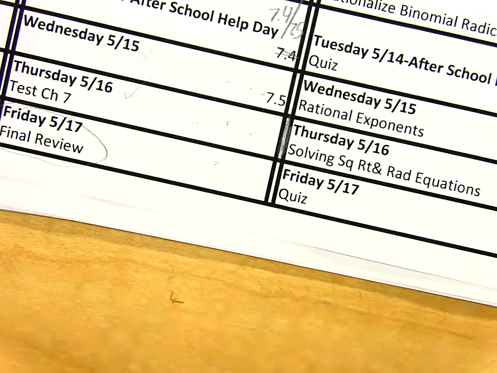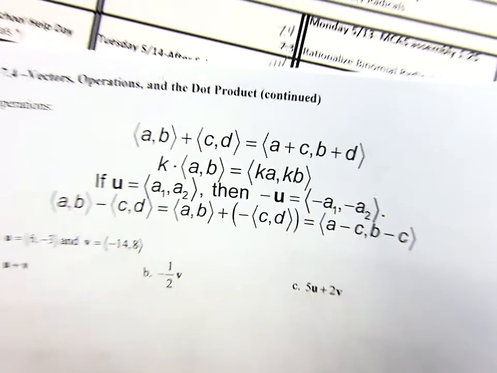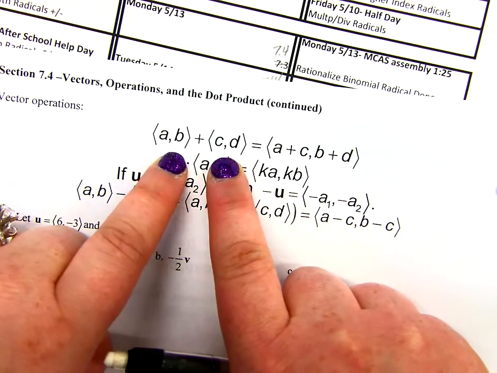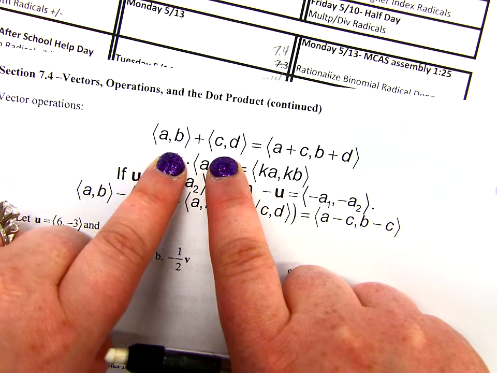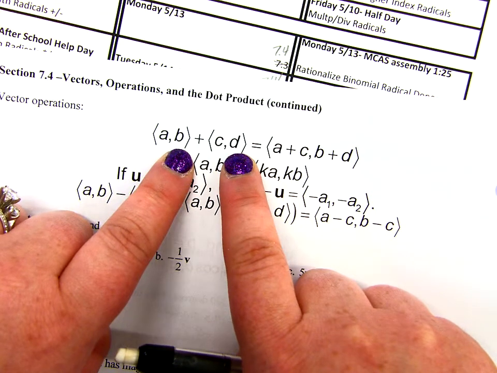Vector operations. These are a lot easier than they look. I know this looks like, oh my gosh, that's a whole bunch of things, but it's really not that bad. Here's just two vectors that you're adding together. You just add the first numbers together and you add the second numbers together.